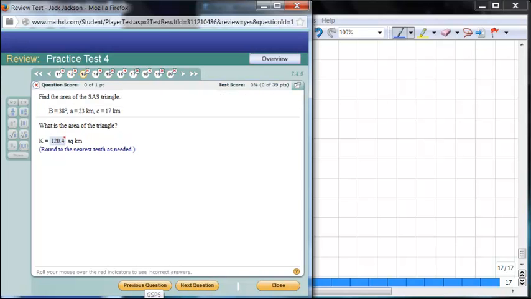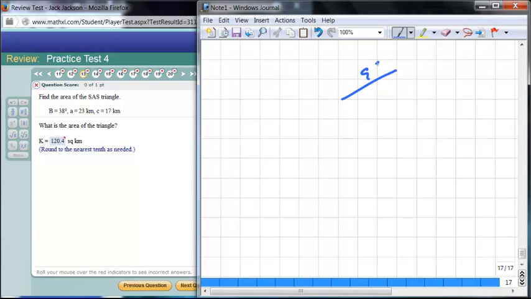Find the area, and we have a side angle side situation. So we have A is 23, C is 17 kilometers, and angle B is 38 degrees.